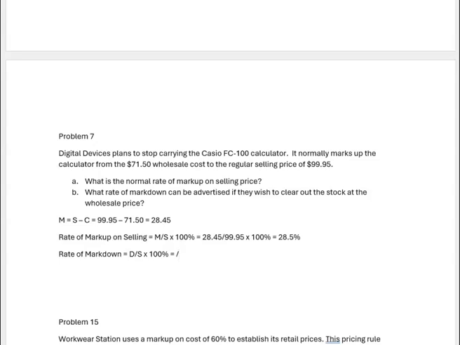If they're going to reduce it by $71.50, then we know the discount amount they're going to give is the same as their markup, which is $28.45. So again, $28.45 divided by $99.95 multiplied by your 100% gives you 28.5%.